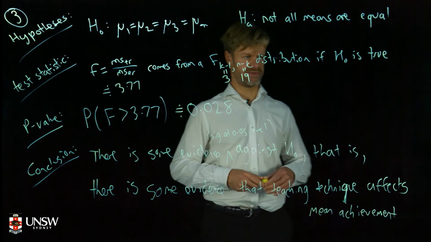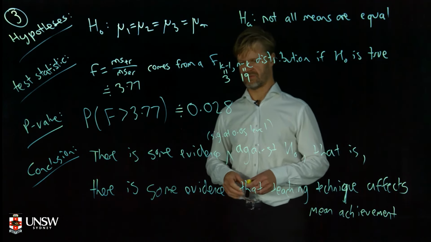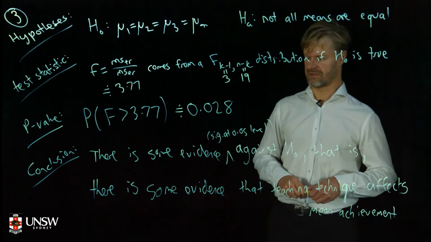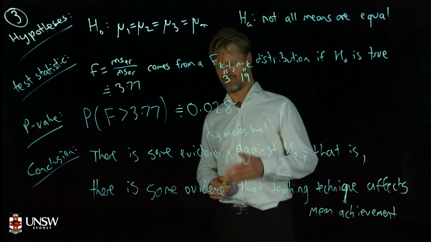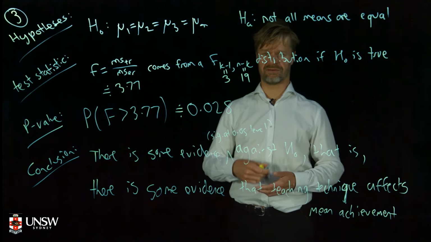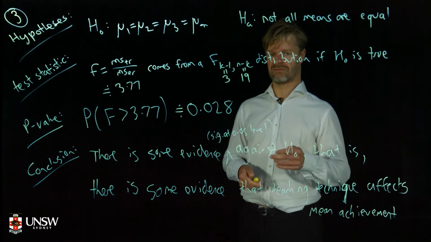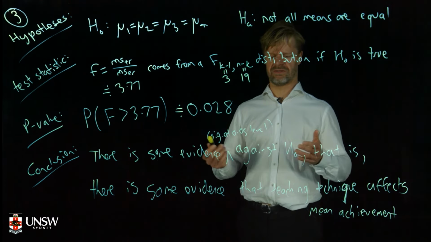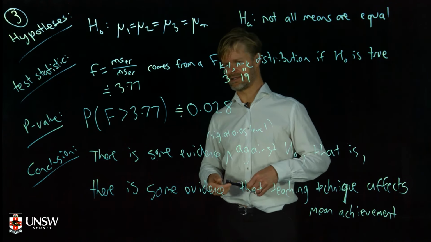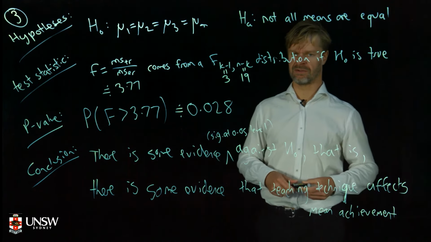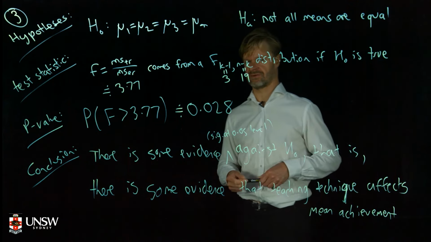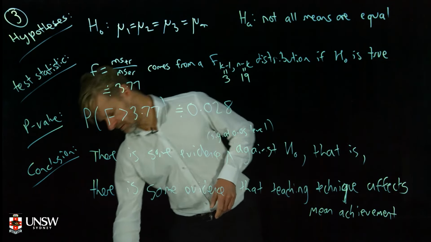I'm not really 100% solid on this one because, how often would you get a test statistic this large, one time in 30-ish? It's kind of like getting 5 heads in a row tossing a coin. If someone gets 5 heads in a row, you think, oh geez, that was a bit lucky, or maybe there's something funny going on. But you're not that confident. It's not like they got 10 heads in a row or something like that.